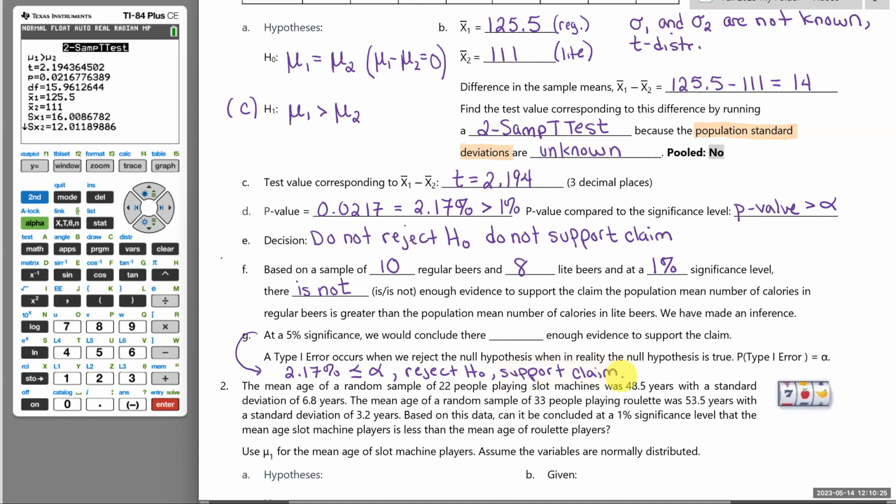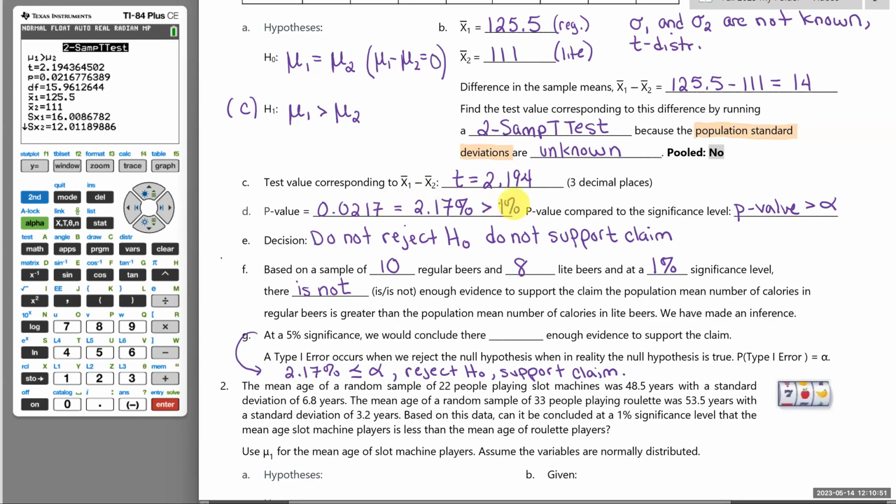So the idea here is that your significance level is setting sort of your threshold for what you call enough evidence to convince you of that claim. So maybe at a 1% significance level, this evidence is just not strong enough to have me support my claim.